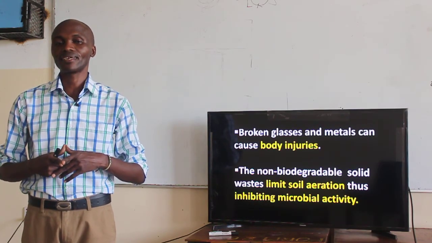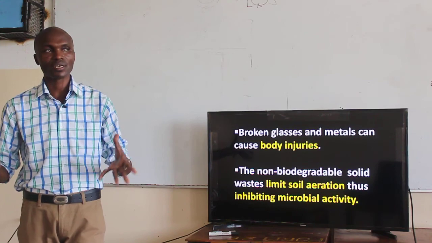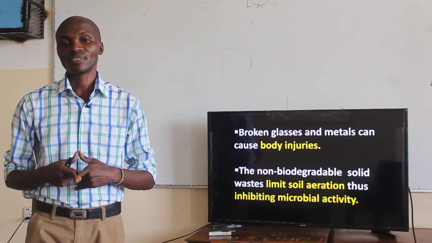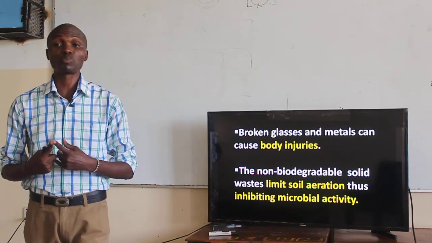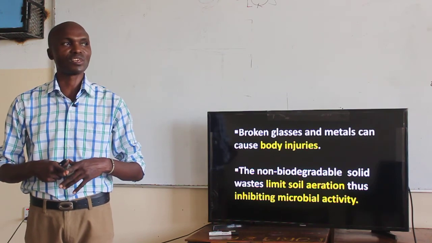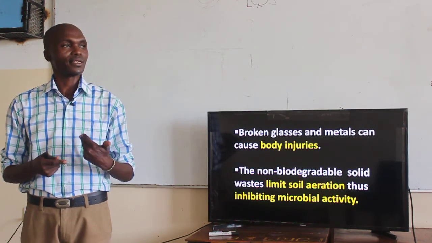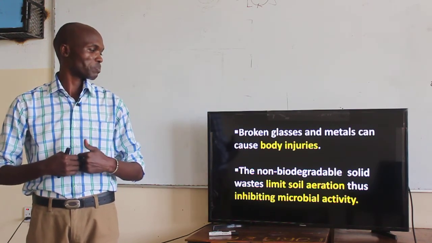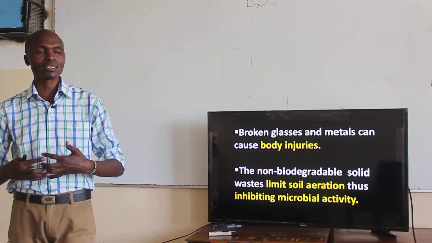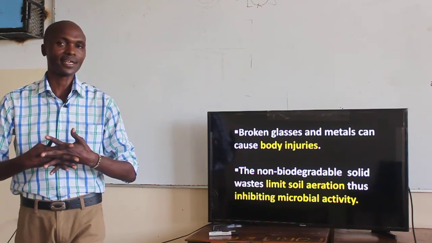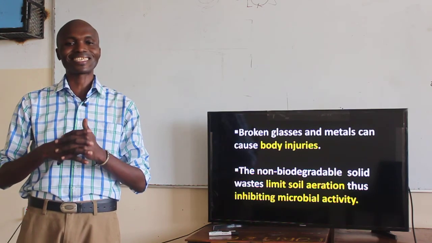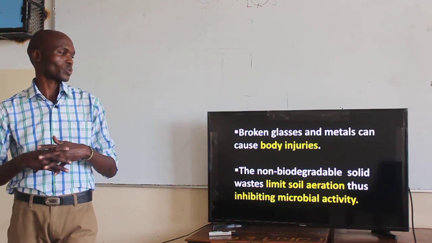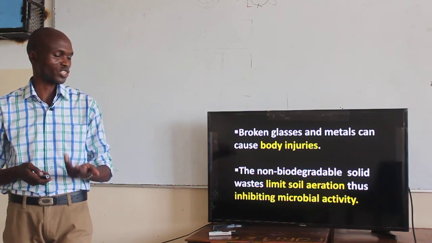And then we have the non-biodegradable solid waste again. As it blocks the earth's surface, what happens? It limits soil aeration, and therefore it limits microbial activity. That means if you have a lot of solid waste on the soil surface, the amount of dissolved oxygen in the soil is limited, which prohibits the microorganisms in the soil that are responsible for nutrient recycling from doing their work, meaning they can actually die because of insufficient oxygen supply.